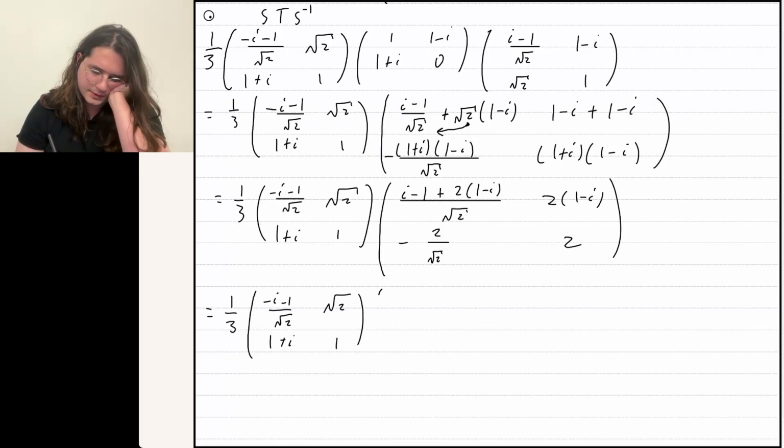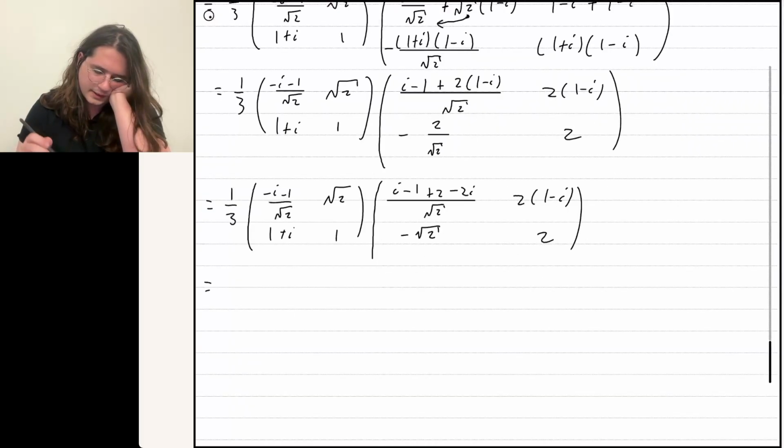I'm getting pretty sloppy on that one. That's too many lines. This is I minus 1 plus 2 minus 2I. This is minus root 2. This is all over root 2 up here. This is still 2 times 1 minus I, and this is still 2.